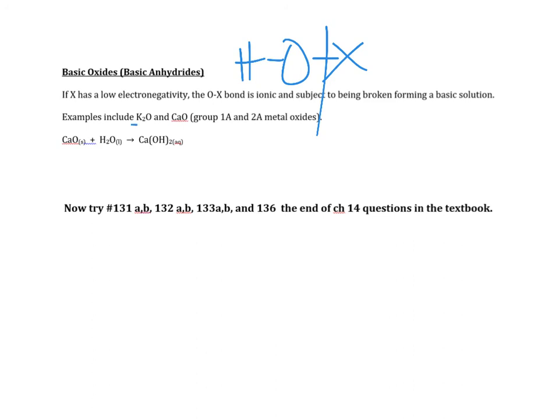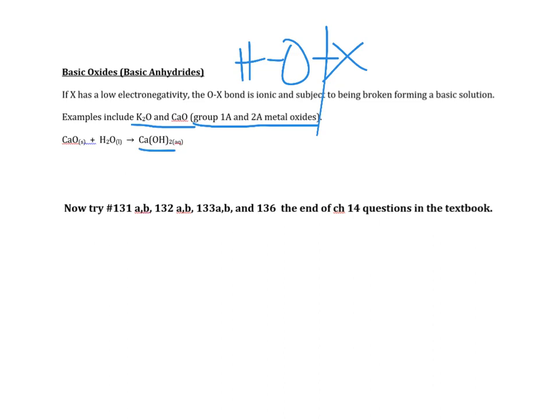Here are some examples. These are oxides of metals from groups 1A and 2A. So it's a metal, nonmetal combination, but that nonmetal is oxygen. So calcium oxide in water makes calcium hydroxide.